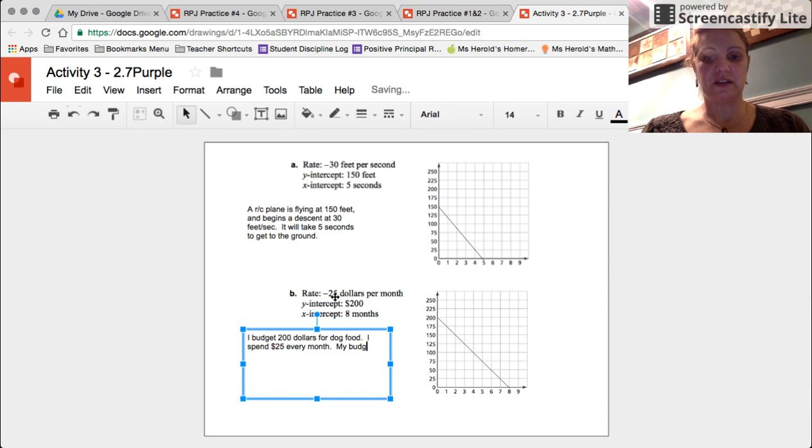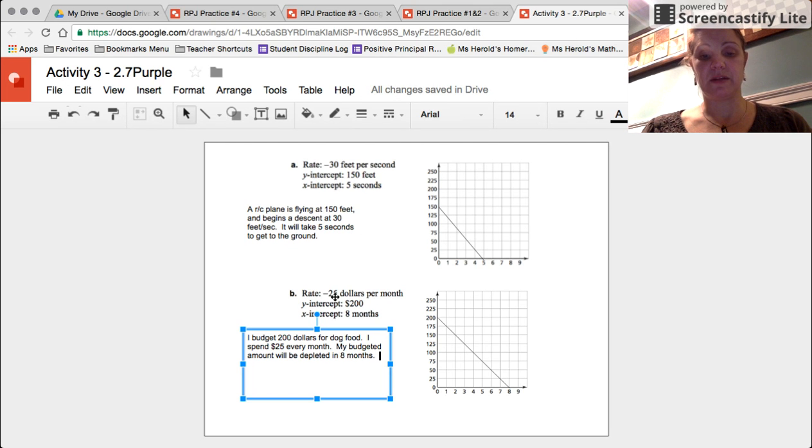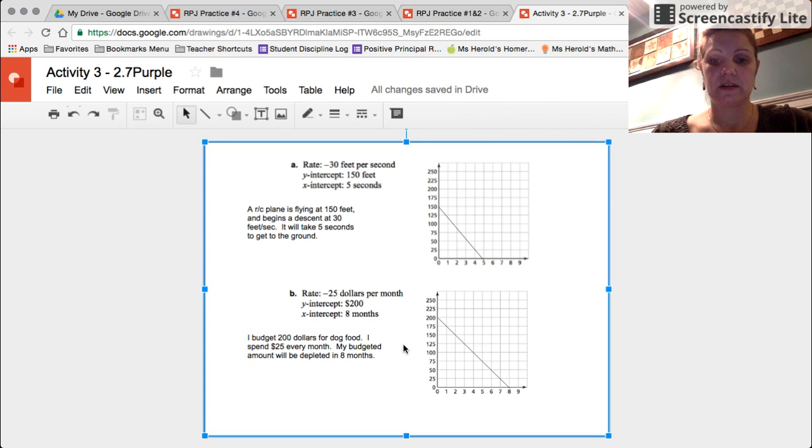My budgeted amount will be depleted by 8, or in 8 months. That means I need more money so that Bella can have more food. Right, but you can have something like that.